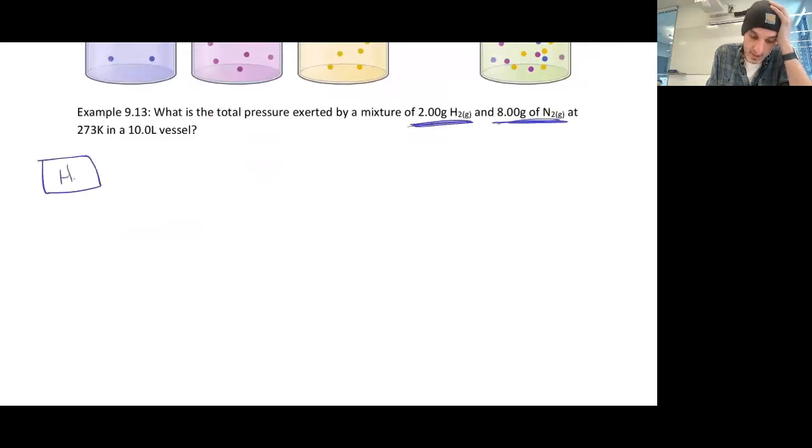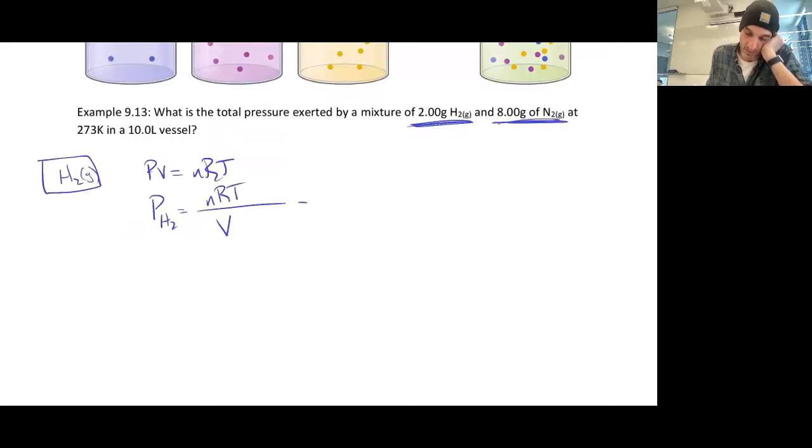If we look at H2 gas, can we calculate the pressure it exerts? PV equals nRT. I want to solve for the pressure of H2, which is the moles of H2 times R times T all over the volume.